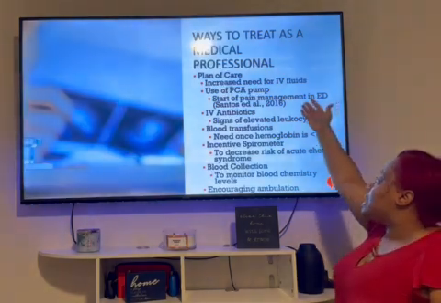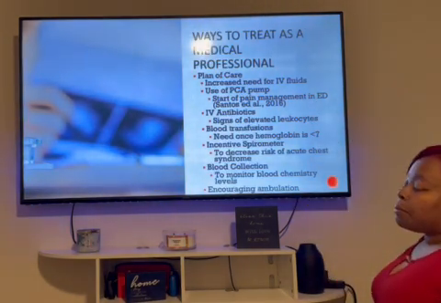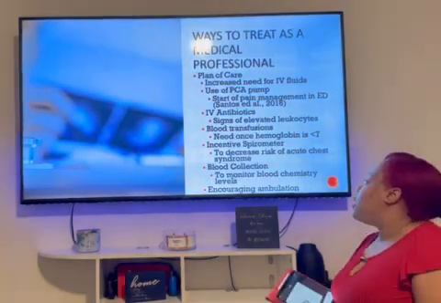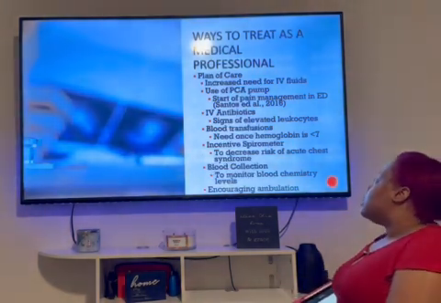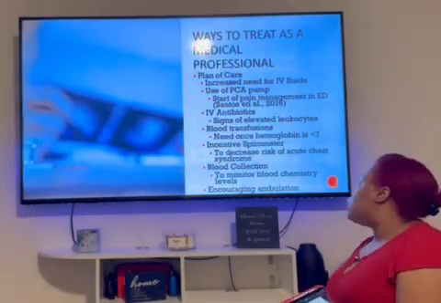The use of a PCA pump, which is a pain management pump. There is a study about the use of a PCA pump in the emergency room.